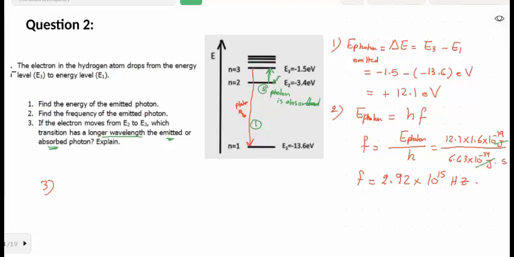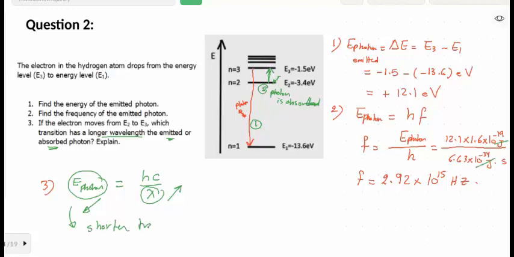To discuss the wavelength, we need to know that E photon is inversely proportional to the wavelength. To whom? To the wavelength. It means the one with longer wavelength has less energy photon, or a shorter transition.